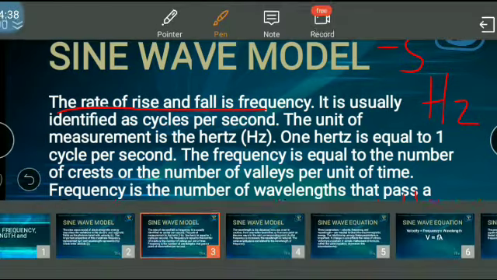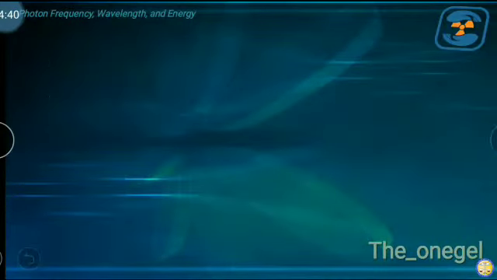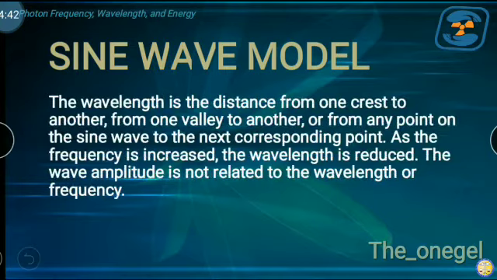How about wavelength? When we say the wavelength, this is the distance from one crest to another or from one valley to another. By the way, class, when we say crest, I know you had this when you were in high school. This is the highest point of a sine wave. When we say valley, or in some other references, they use the word trough, T-R-O-U-G-H.